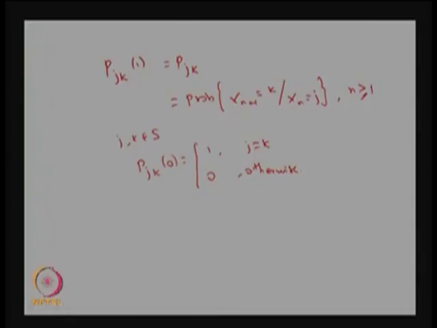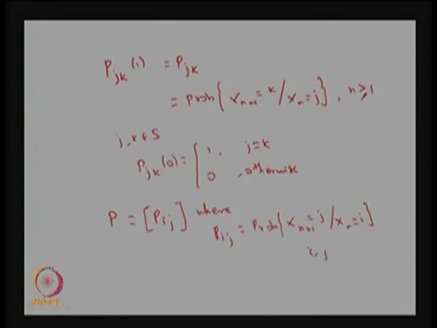This one step transition probability, I can put in matrix form, as the capital P matrix, and that consists of pij, where pij is nothing but the one step transition probability, the probability that X(n plus 1) is equal to j, given that Xn is equal to i.